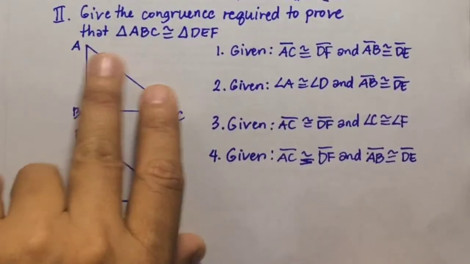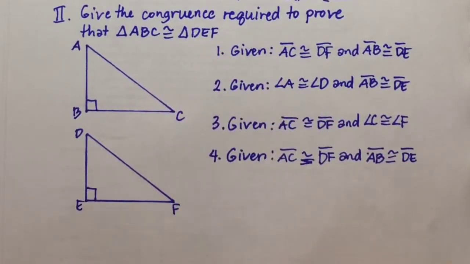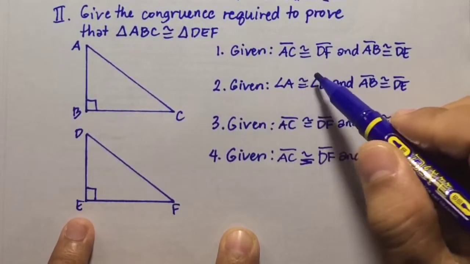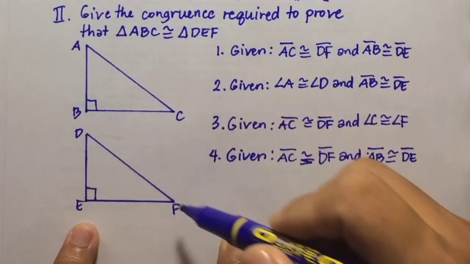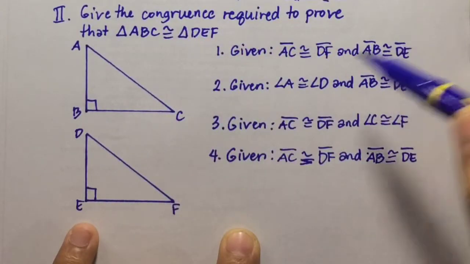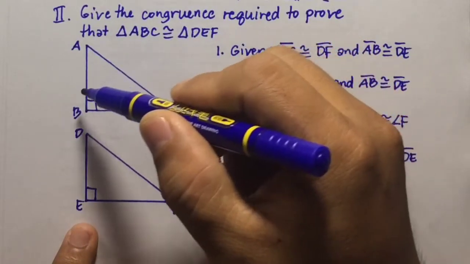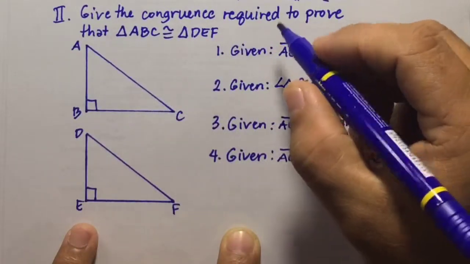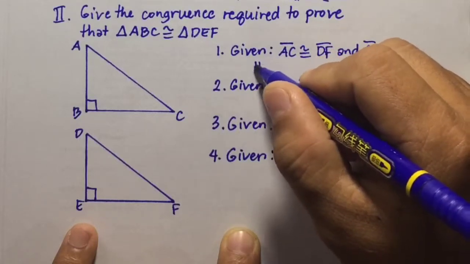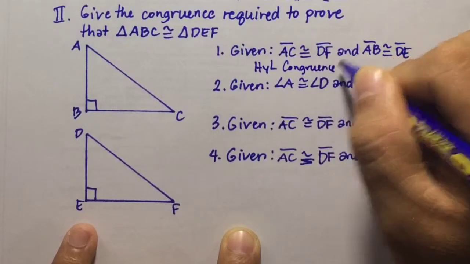Number 2, give the congruence required to prove that triangle ABC is congruent to triangle DEF. So number 1, given that AC is congruent to DF, so these are the hypotenuse, and line segment AB is congruent to DE. So hypotenuse and leg, so we can have the congruence as HyL congruence theorem.